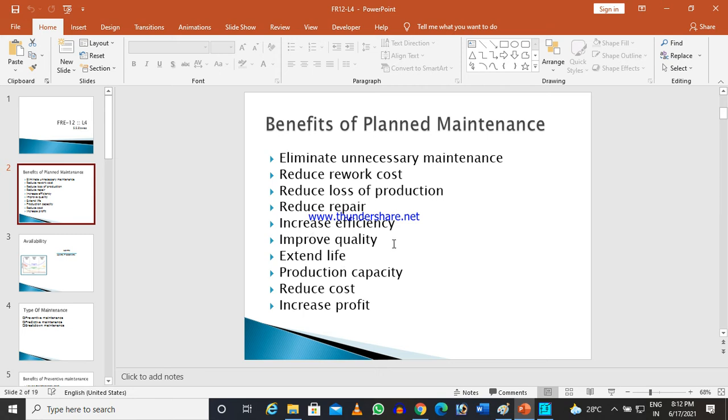As was told, it will improve the quality of the product.